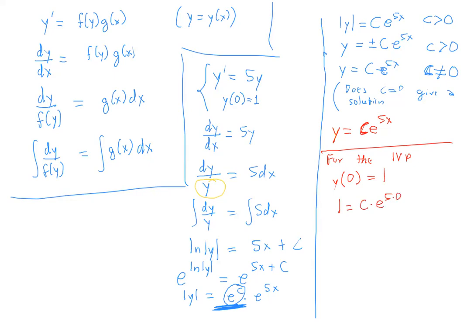I substituted 0 and 1, and that gives me that c is 1. So the solution of the initial value problem is y of x is equal to e to the 5x, and that's it. Let's pause, take a look at the whole process, and let's ask our questions.